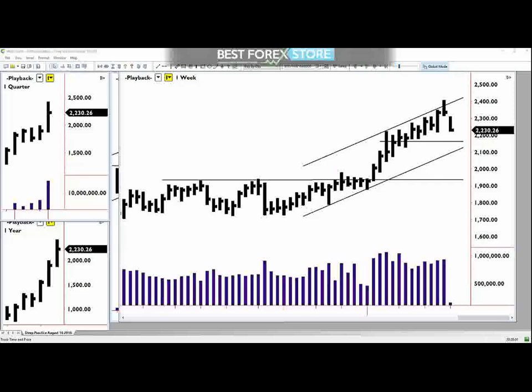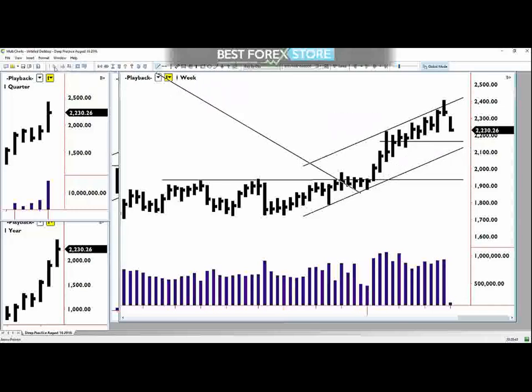There seems to be a trend line in the middle of the trend channel. You mean through here? Like this? Not a, no. Okay. In the middle of the trend channel.